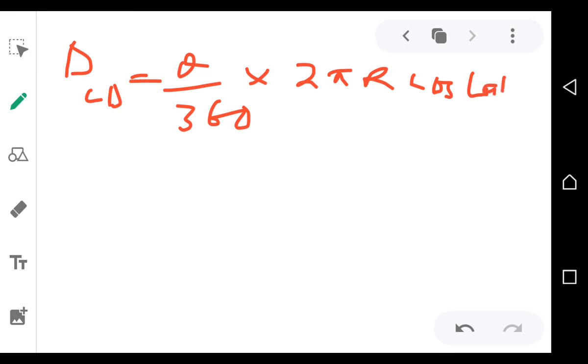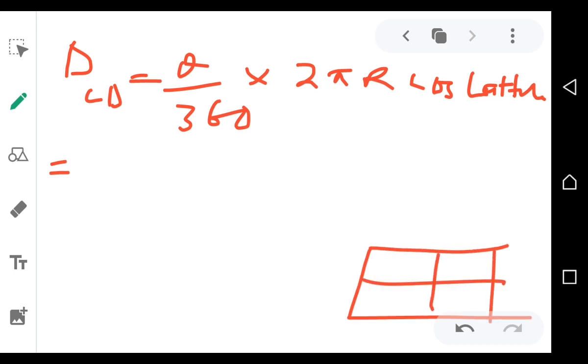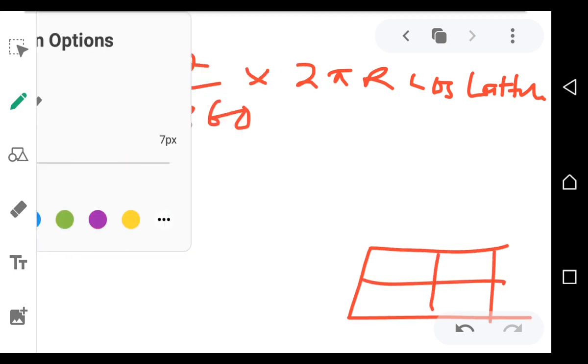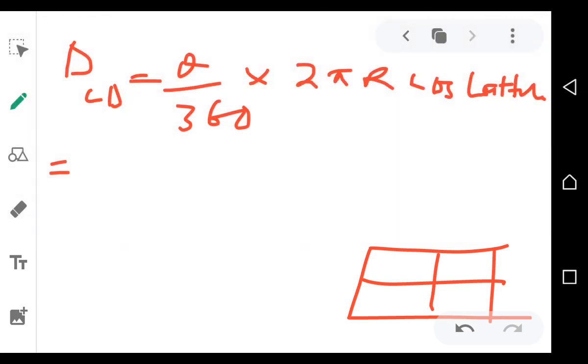Latitude, that's what's written at the end. So what is my theta? You remember my theta is from the formula I taught you, SSDA, when you're trying to find the angle.